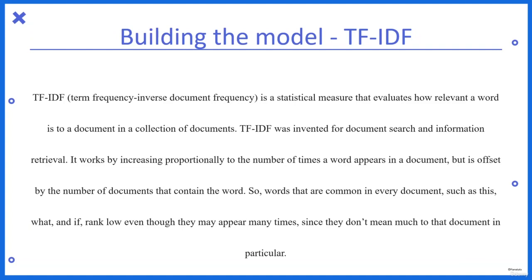Even if these are very common words in a document, they may get a low rank, and that is because the IDF term offsets the number. The IDF term, in a way, normalizes this.